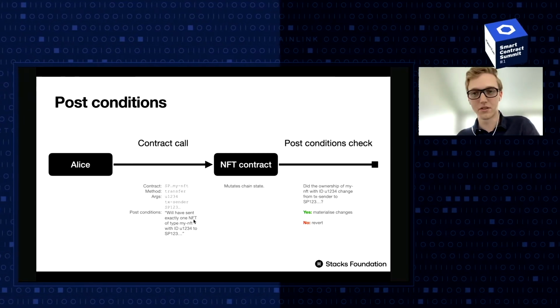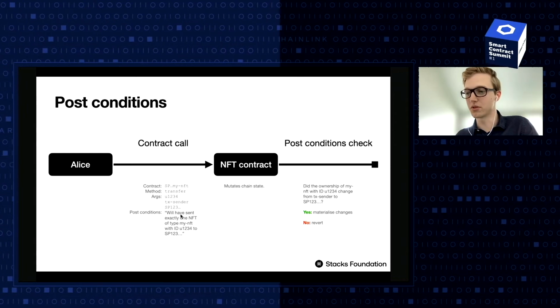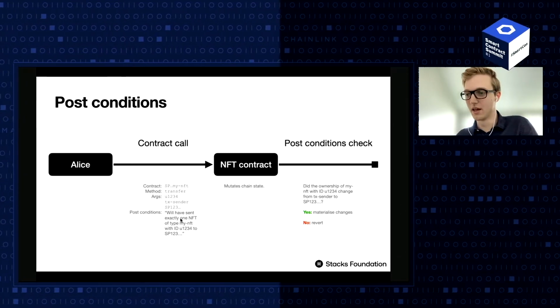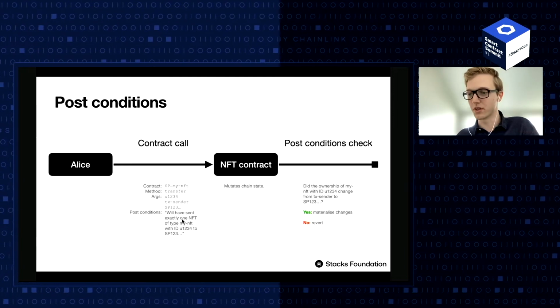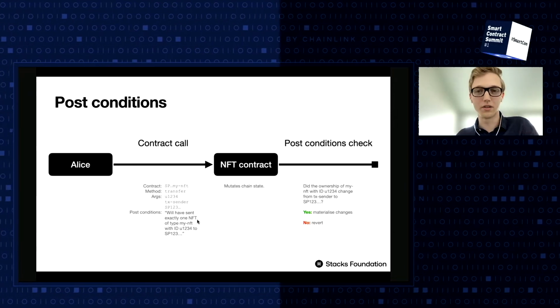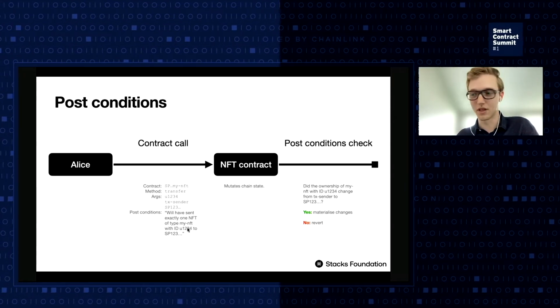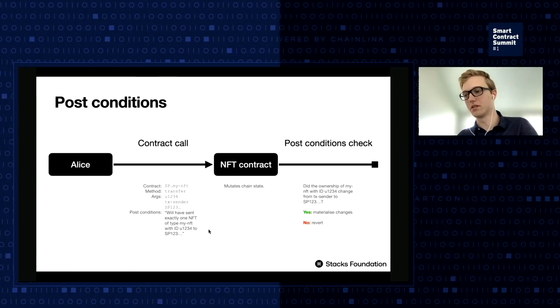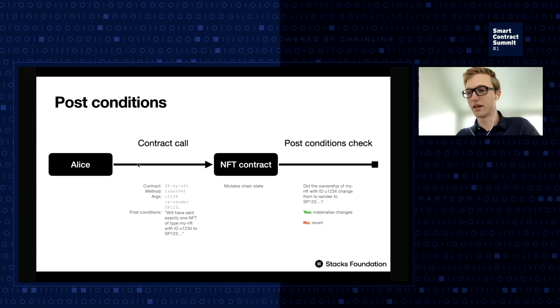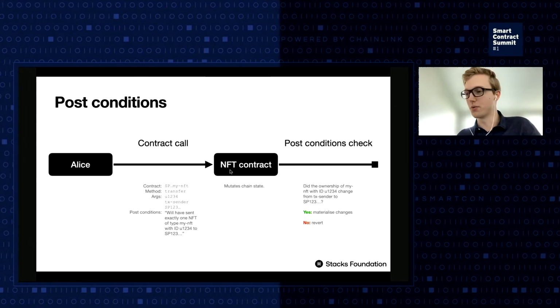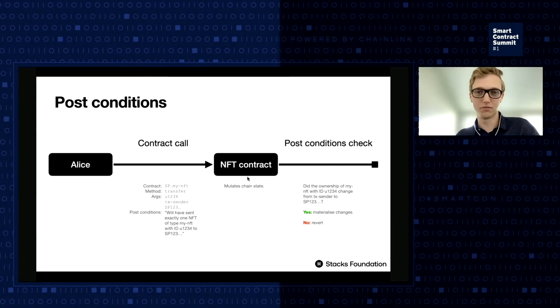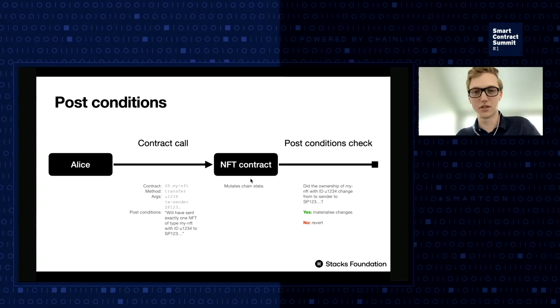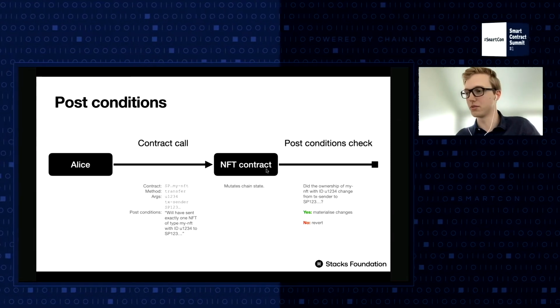Then what she will attach to this transaction is a post-condition that will basically state: after this transaction completes, I will have sent exactly one NFT of this type, my NFT, with this particular ID, from myself to this different user. Then the transaction is broadcast onto the network, and the NFT contract performs some state changes and tries to commit this to chain.